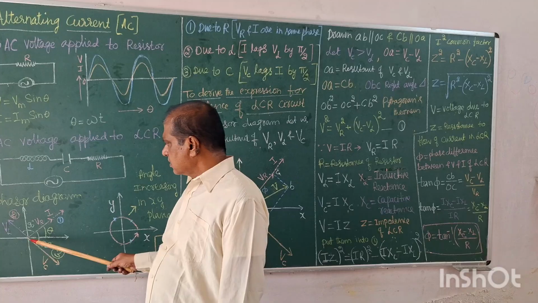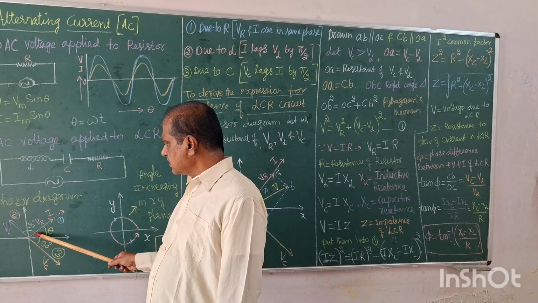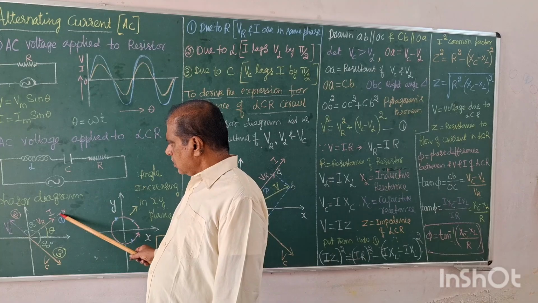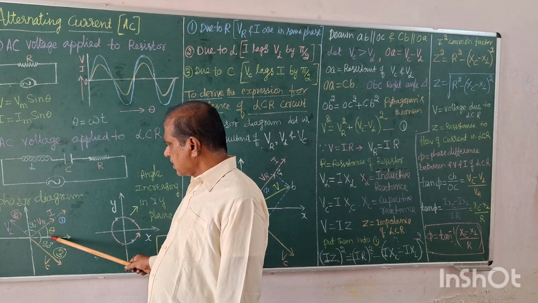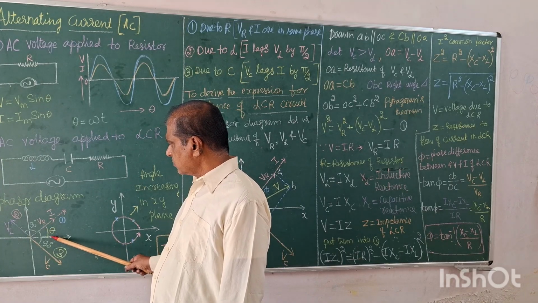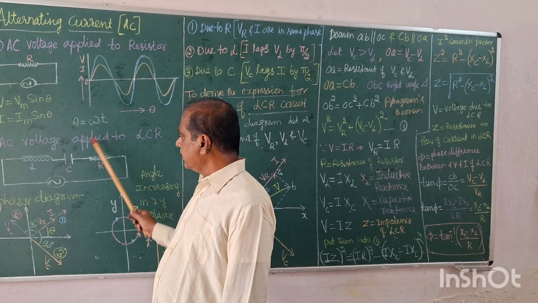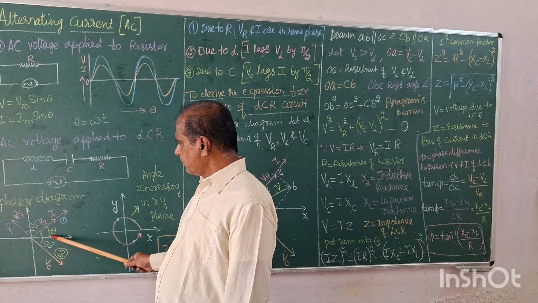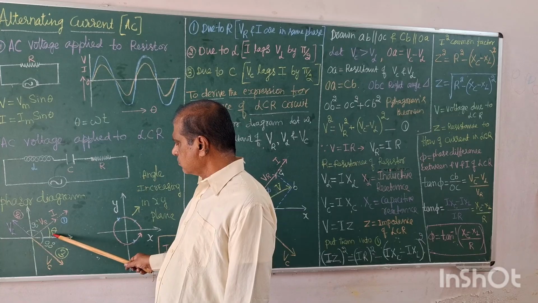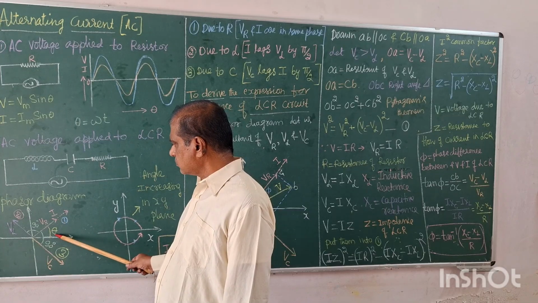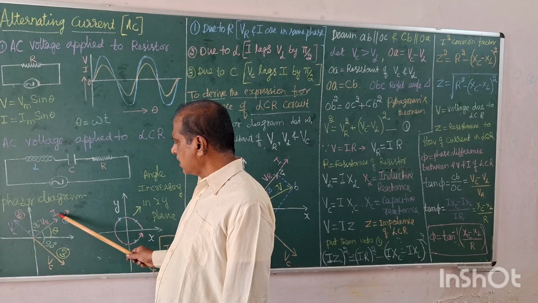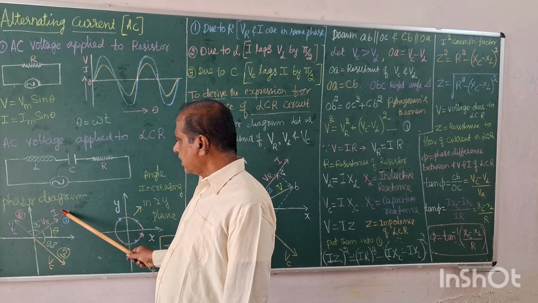Let me draw a reference line in this direction, making an angle theta with the x axis. This theta is equal to omega t, that is a sinusoidal angle. This dotted line represents the current.